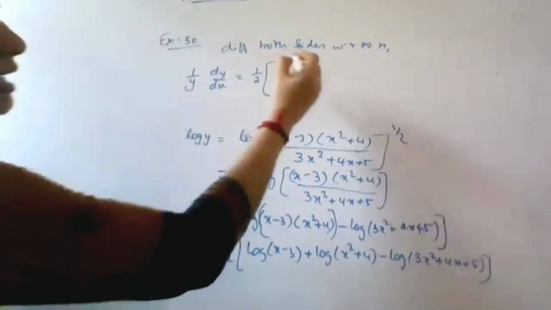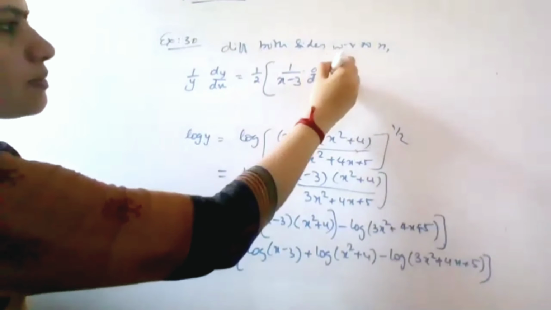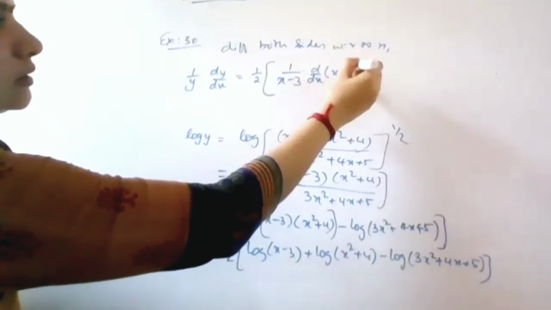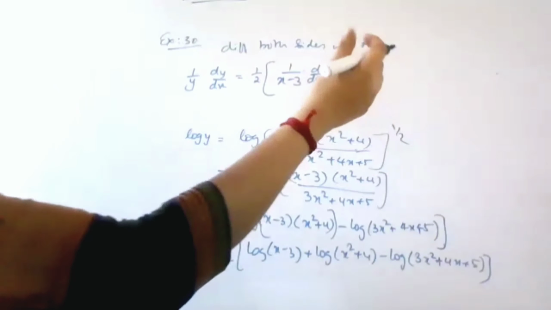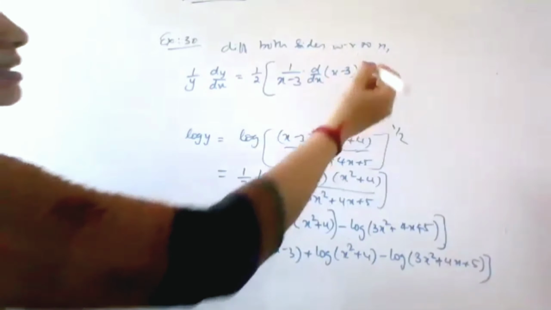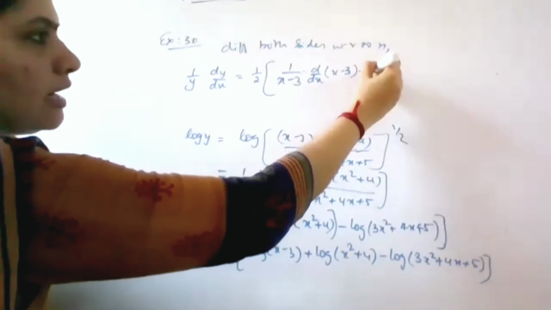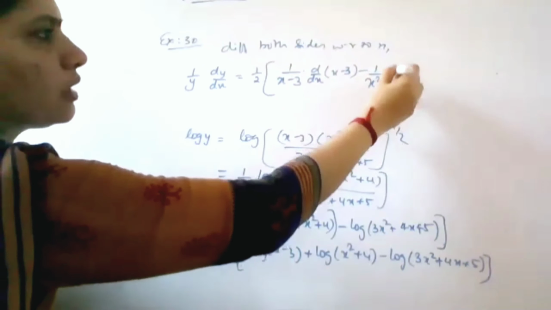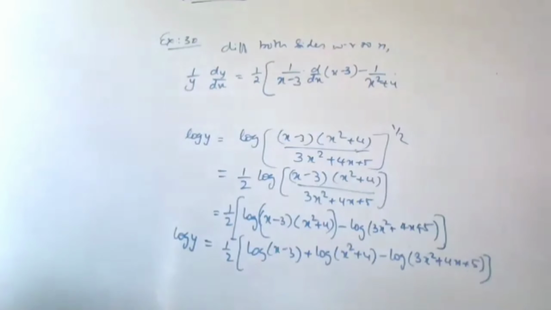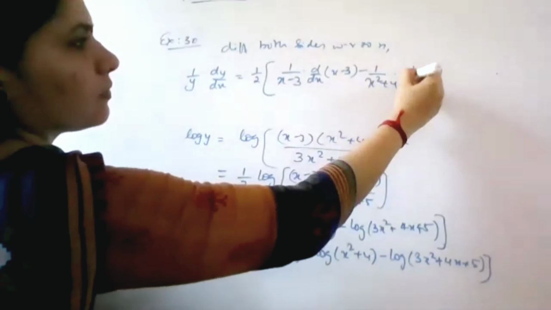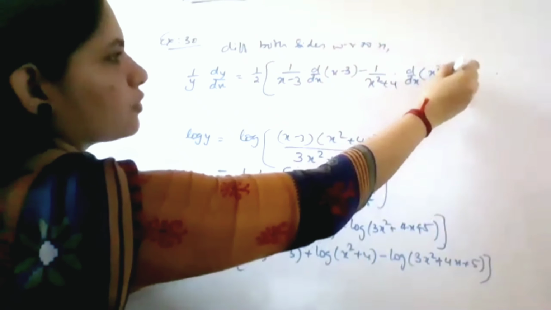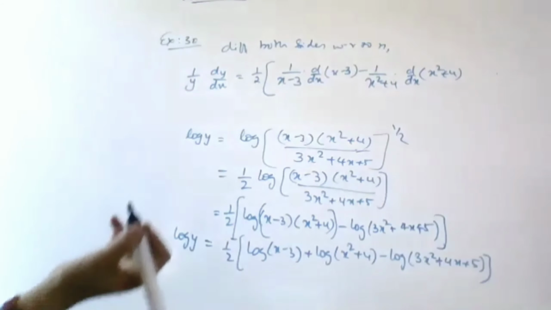Derivative, actually you are getting d by dx of x minus 3 also. Minus 1 by x square plus 4 into d by dx of x square plus 4. Sorry, this is plus.